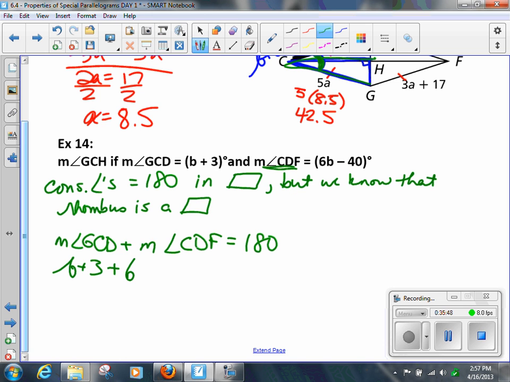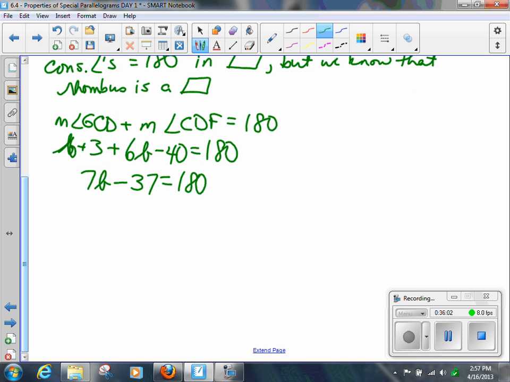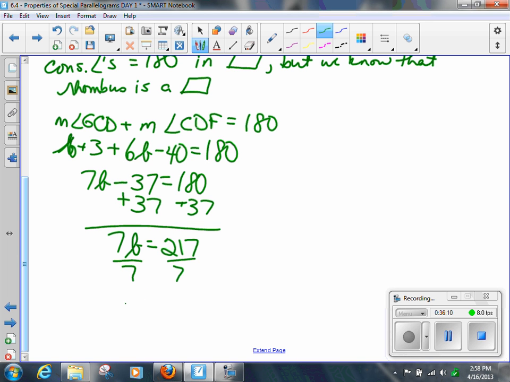CDF is 6b minus 40. b plus 6b is 7b. Minus 37 equals 180. Got to add 37. I get 7b is equal to 217. Divide both sides by 7. I get 31.